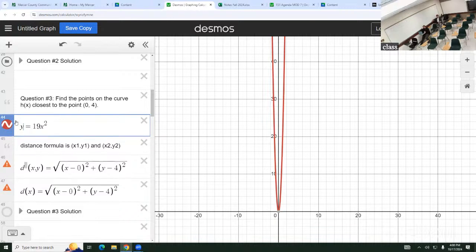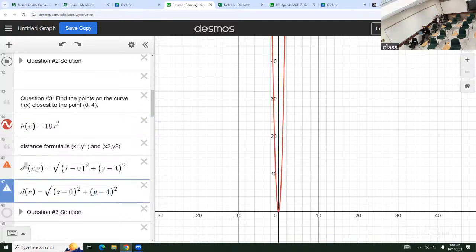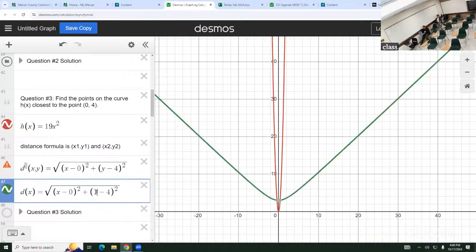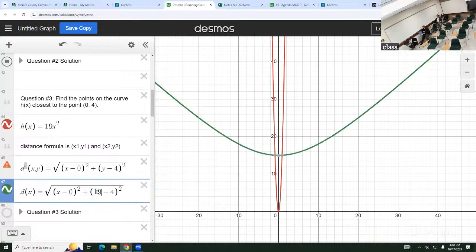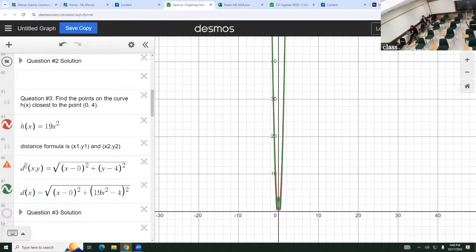That's what y is, right? So I'm just going to put that in here. Now I have the distance function, and now I can minimize it.